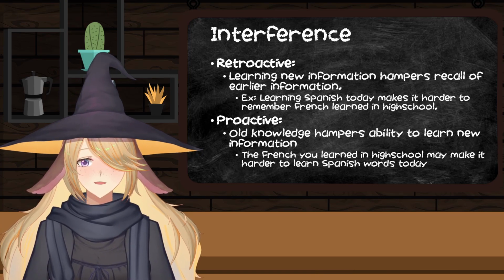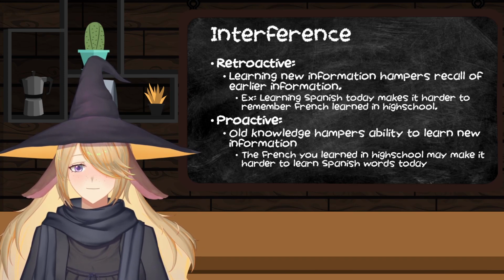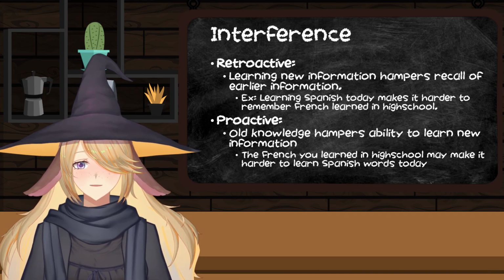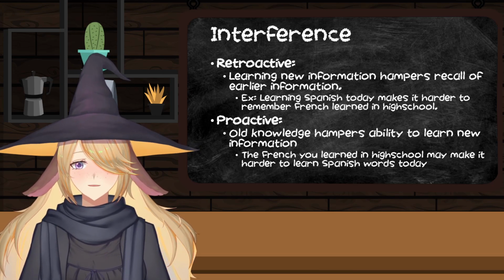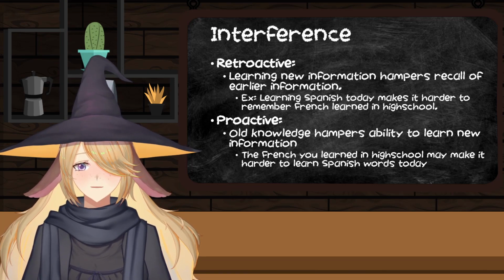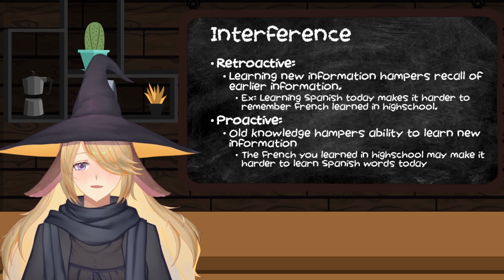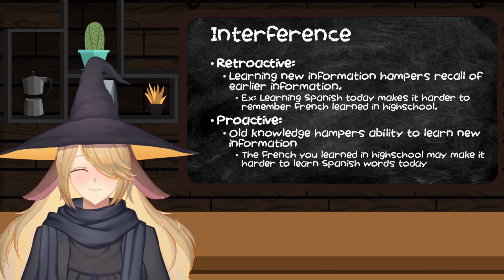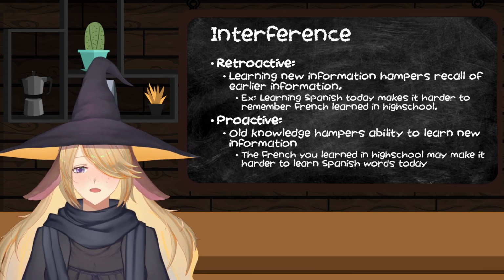But because you learned that a certain way, it sometimes can get in the way of learning new information relative to if you had not learned that other way earlier. So again, going back to language, if you had learned French, you might find it harder to learn equivalent Spanish words today.